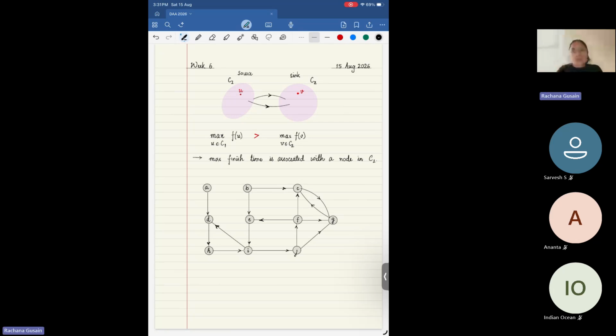Okay, so I'm given this directed graph and I want to find all the strongly connected components of this graph. That's the problem.